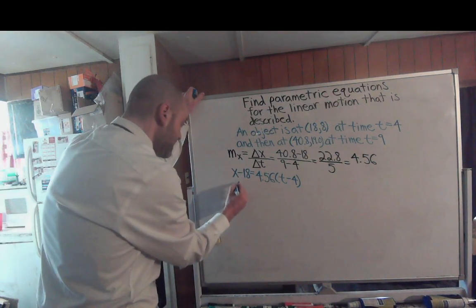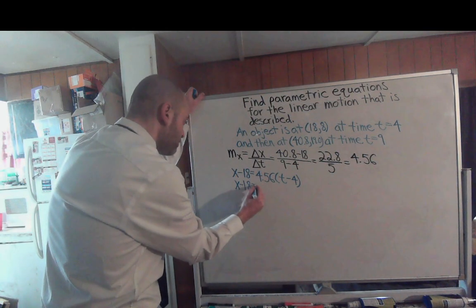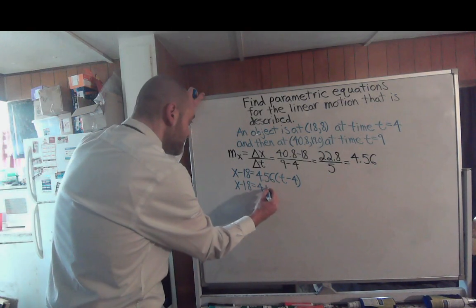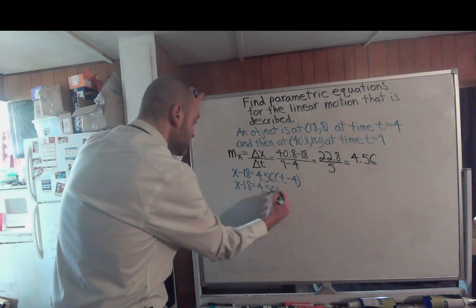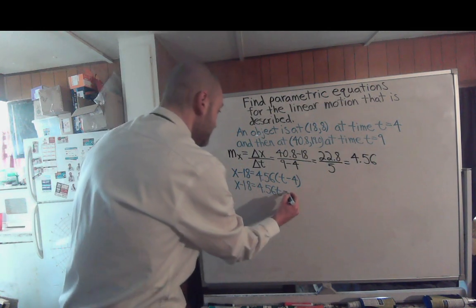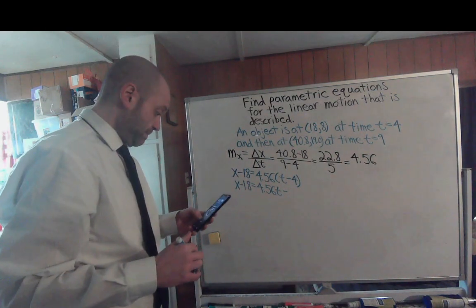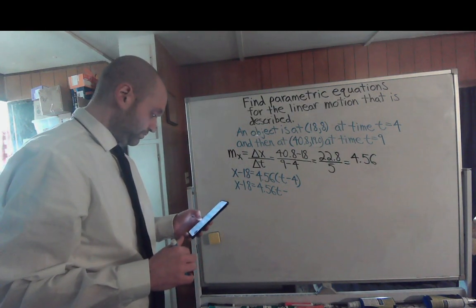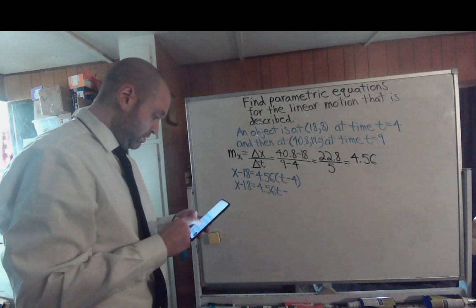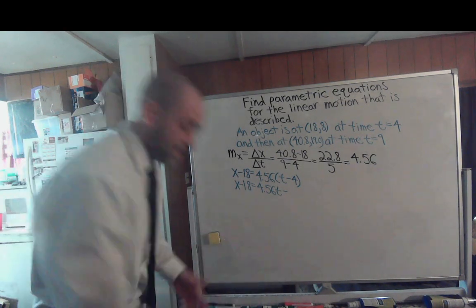So that means x minus 18 would equal 4.56t minus, let's see what 4.56 times 4 is. Minus 18.24.